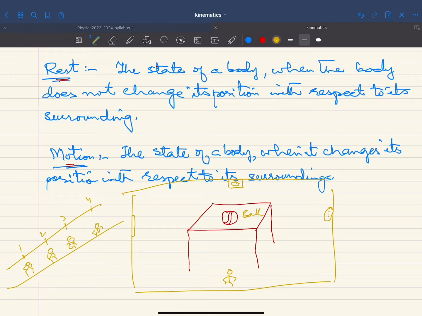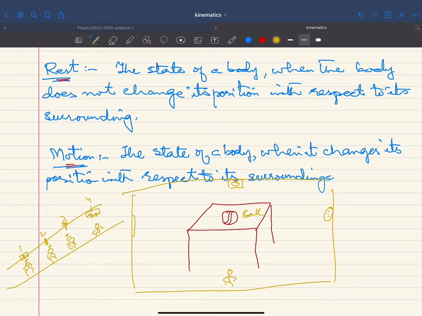You will say that you are changing your position with respect to your surrounding. Of course, maybe you have a shop here, on this side an electric pole, somewhere here a tree, and a car standing on this side.